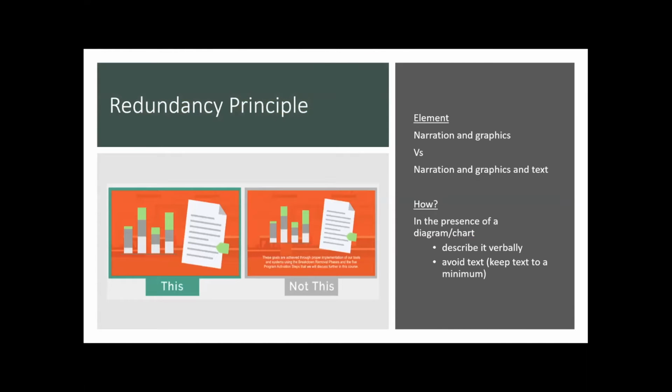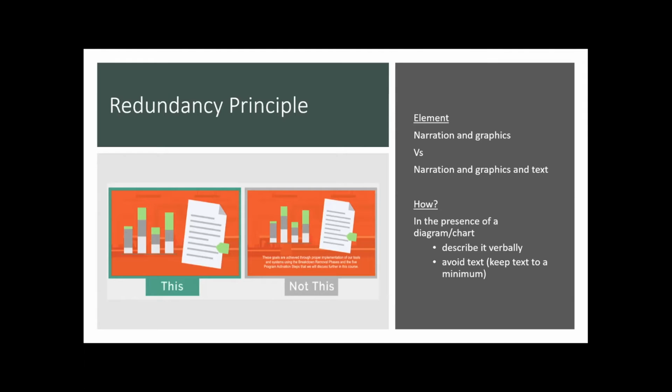Redundancy principle. Sometimes, in fact most of the time, less is more. So when you're faced with a situation where you're already narrating a concept, or you're trying to put forth some information and you're speaking and elaborating on it verbally, and you decide to supplement it with graphics, that's good, all right?